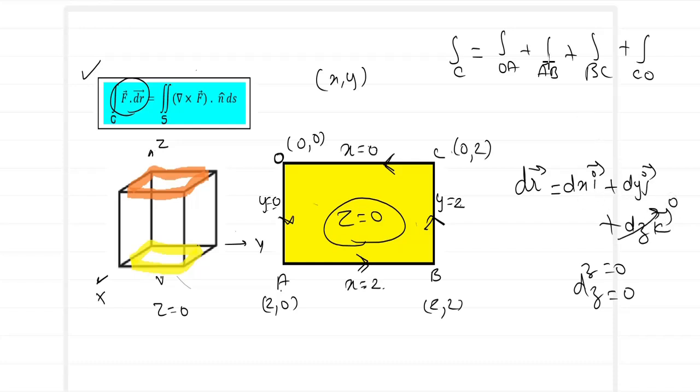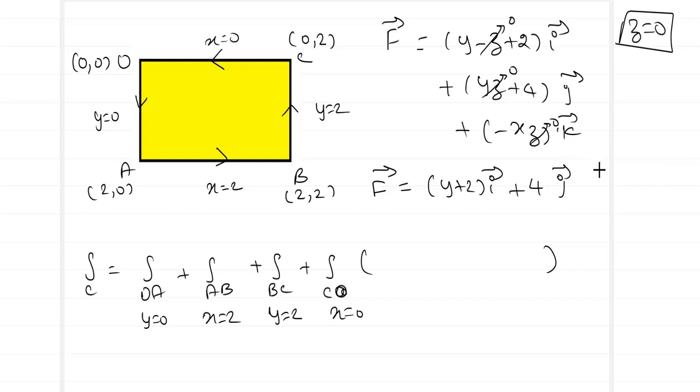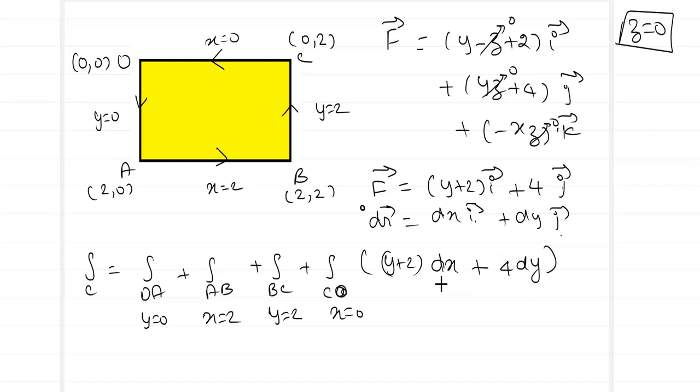Dx and dy. So, what you have over here is dr vector is dx times of i plus dy times of j. Now you will have to take the dot product. So i into i, j into j. So what will be the function f dot dr? Y plus 2 times dx plus 4 times dy. So this is the expression I need to evaluate.